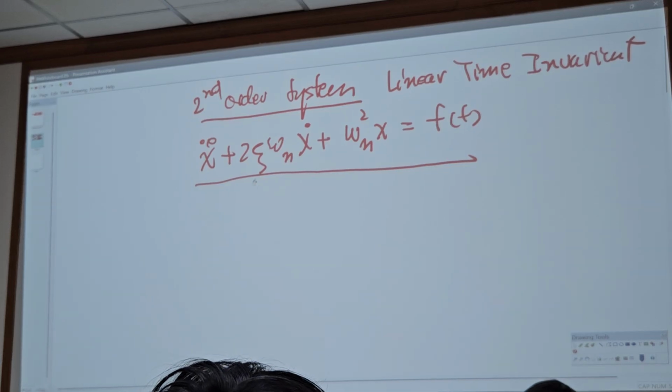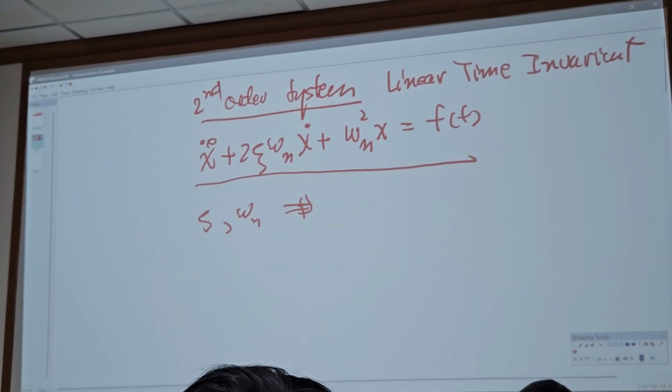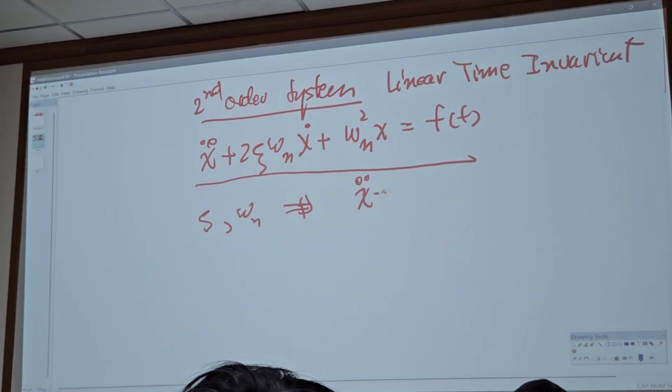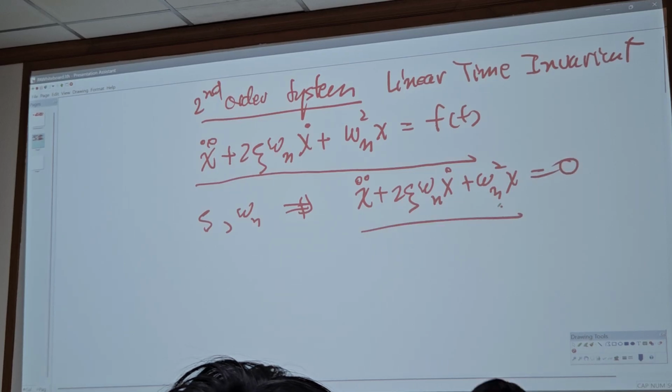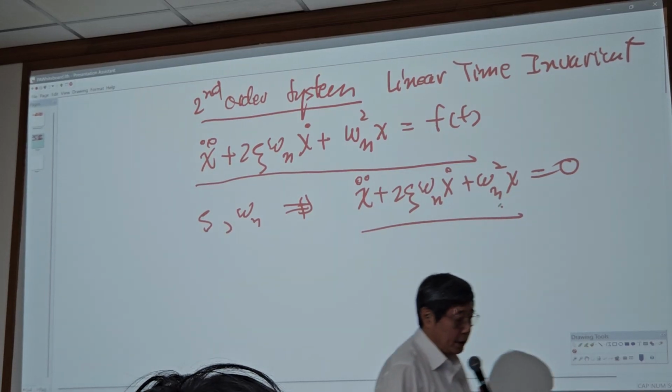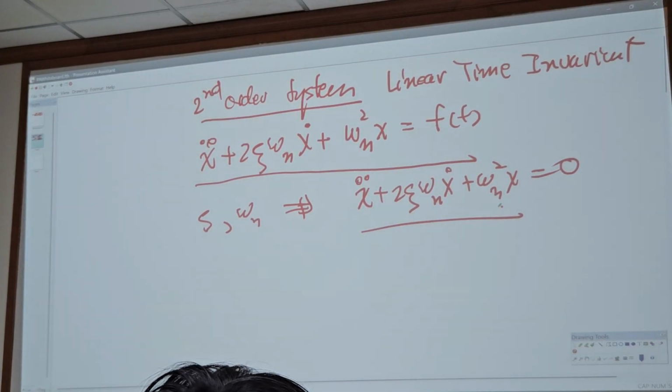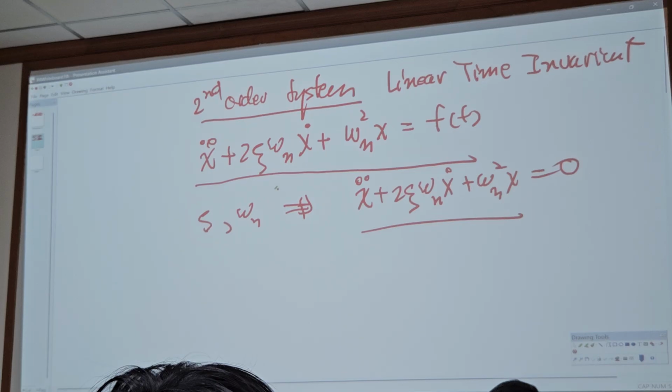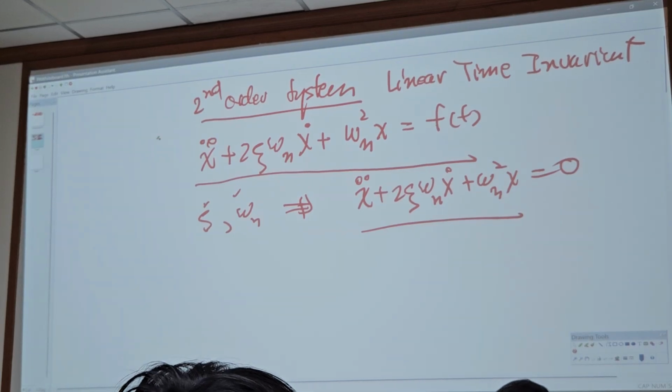Okay? And if you can find psi and omega n, you will detect a lot of things about this system, about its natural frequency. Because you can tell many things from just these two parameters. The original one will be this one, right?